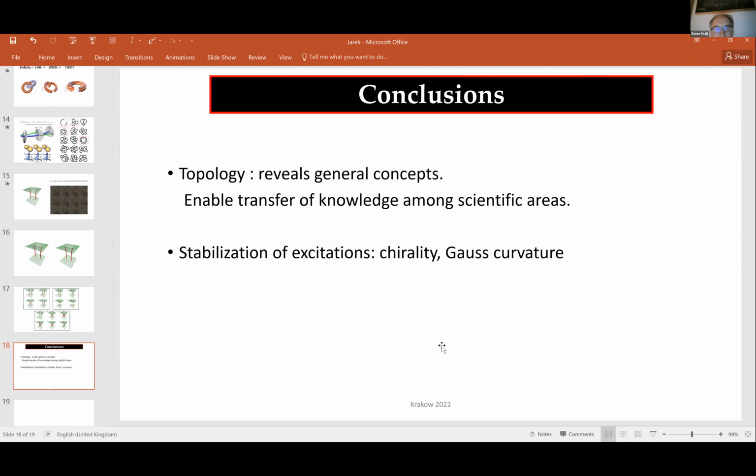And so you see that this topology is very powerful, and we see how these topological quantities are observed, and so you can test this in liquid crystals. Thank you very much.